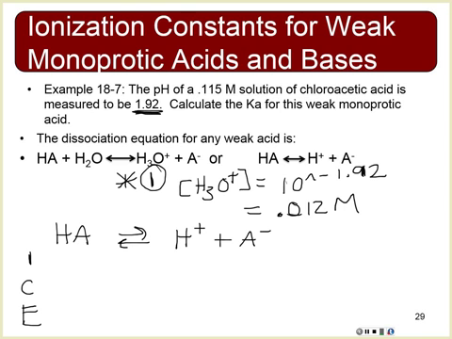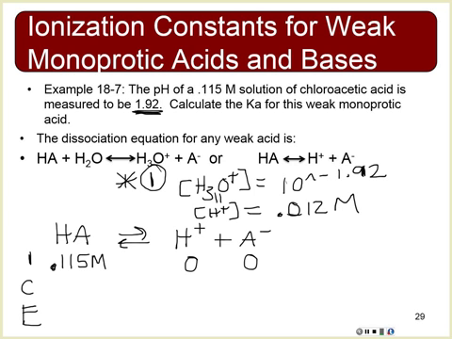What's our initial concentration of our weak acid here? 0.115, right? And we always initially have 0 of products, correct? This is the same thing as H+.